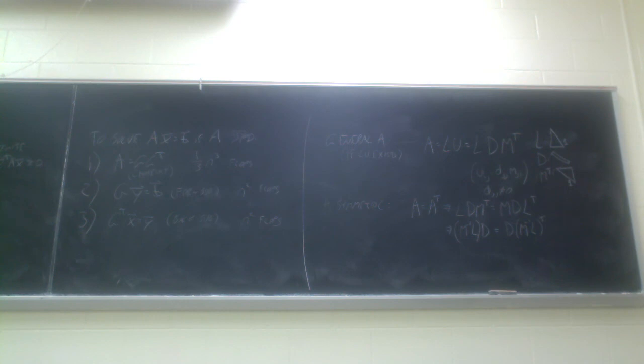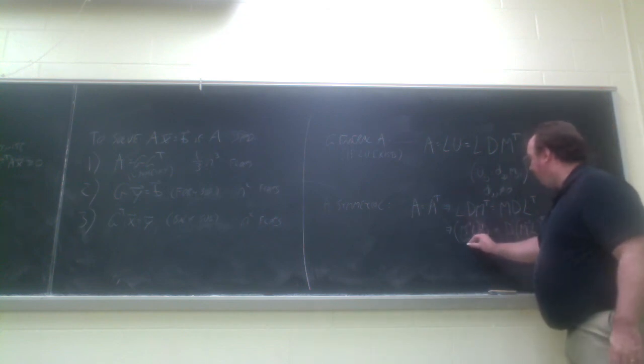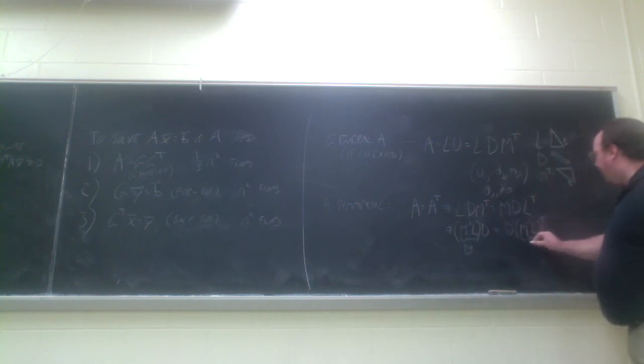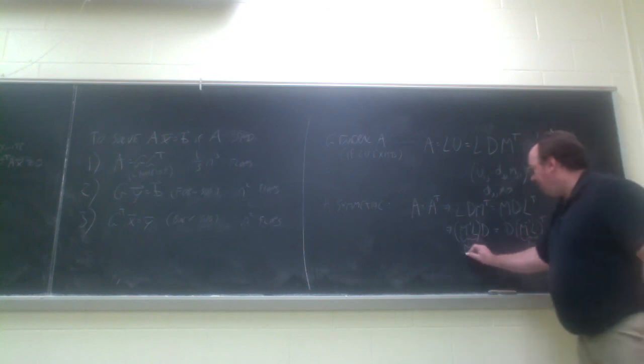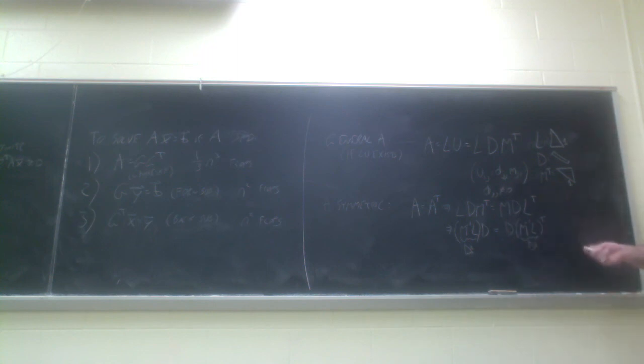Now, M and L are both unit lower triangular. So this matrix inside the transpose is unit lower triangular. And D is diagonal, which doesn't affect triangularity.